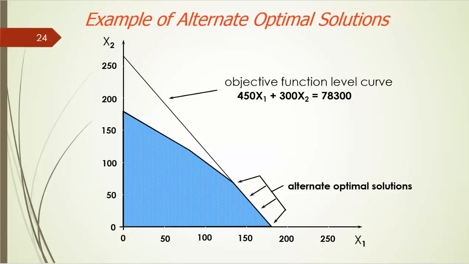Alternatively, if we go with the corner approach, we can easily find that the two corners 122.78 and 174.0 both yield the highest profit of $78,300. So everything in between will do the same. This is the situation we call alternate or multiple optimal solutions.